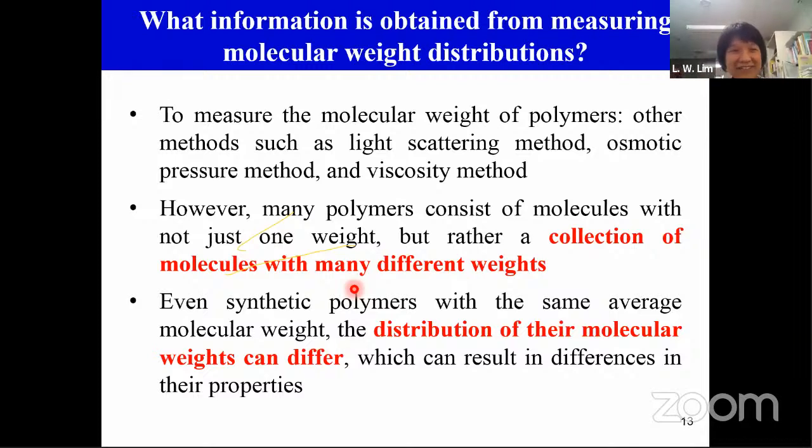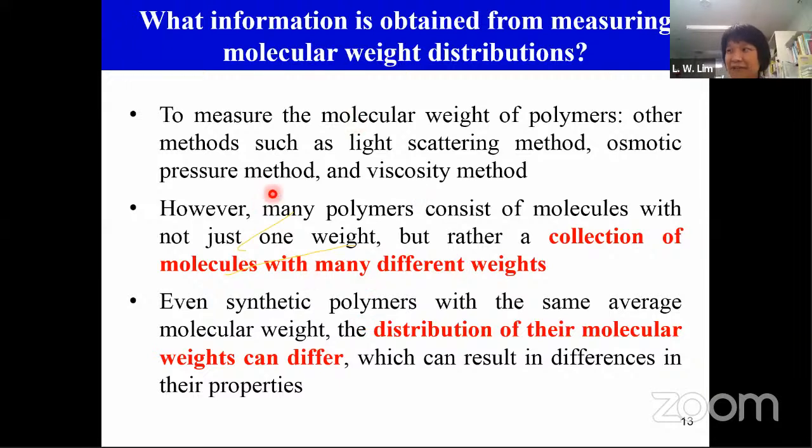But actually, it has many different kinds of sizes. So when we use SEC, we can see the distribution of their molecular weights, and from there we can see the different properties, which usually come together with the weight and also with their size.